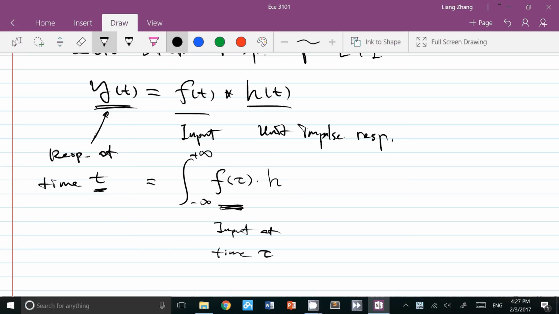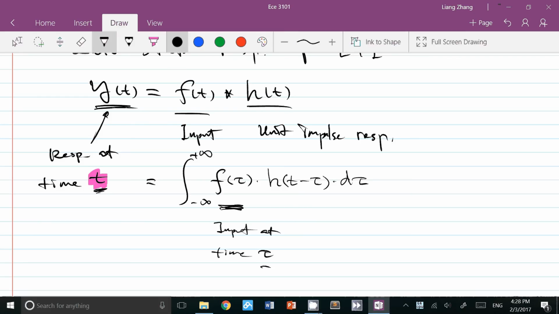And since we want to know what happens at time t, that's already after this impulse signal has evolved for some time. Since it starts at time tau and the ultimate goal is t, the total time elapsed from tau to t will be t minus tau. And then we'll add everything together from negative infinity to plus infinity. And to understand this, you can look at the following example.